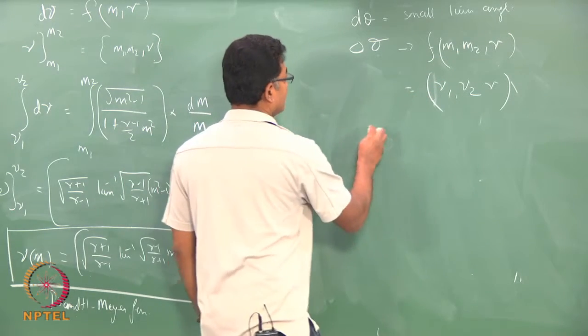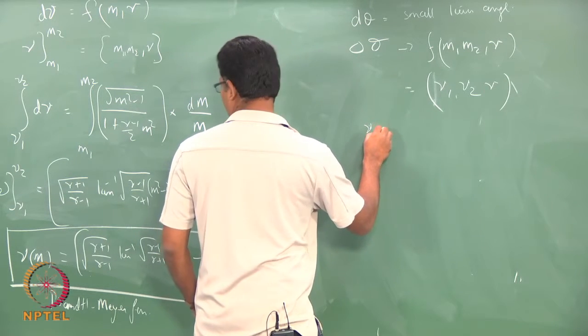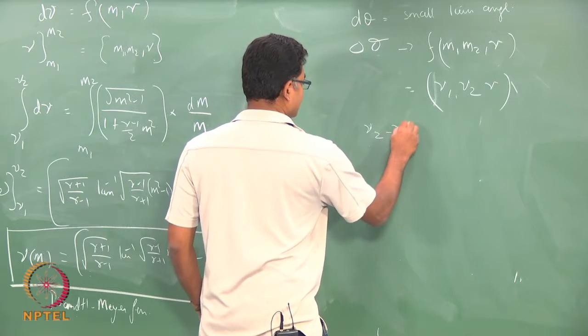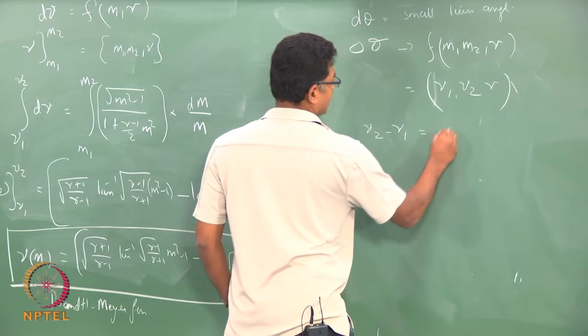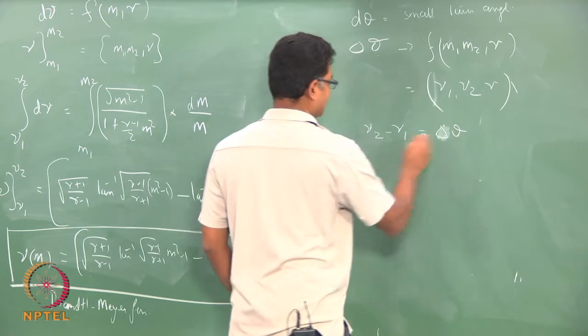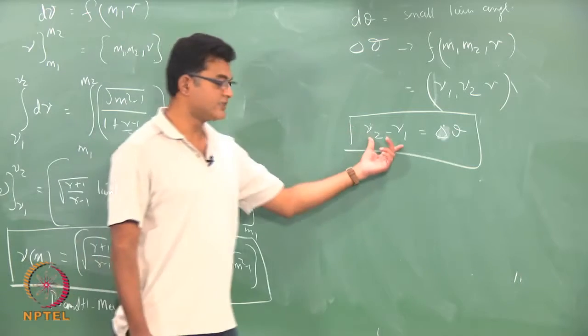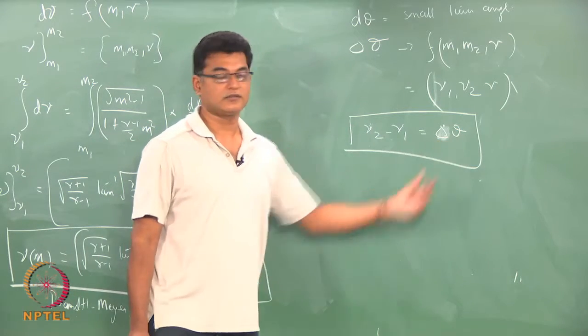So, this function is nu 1 and nu 2 and gamma. So, my nu 2 minus nu 1 is my delta theta. So, this difference in this function is my turn angle.